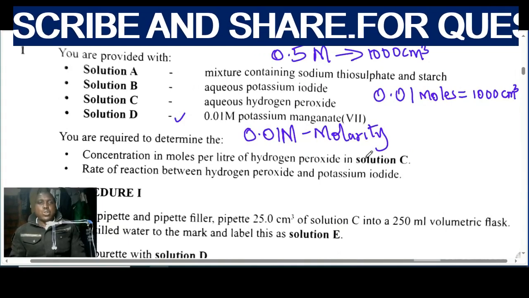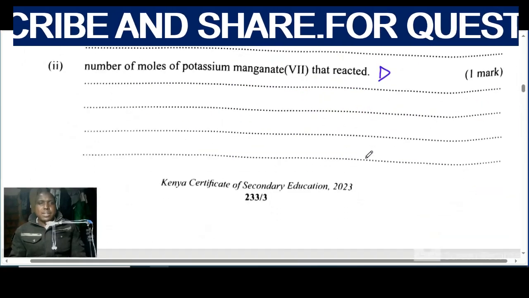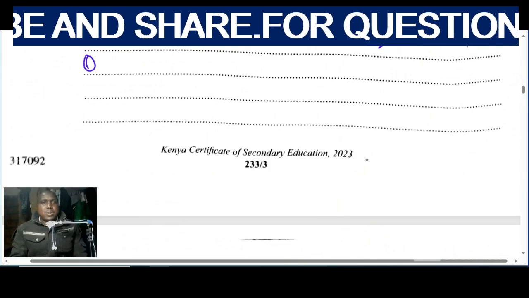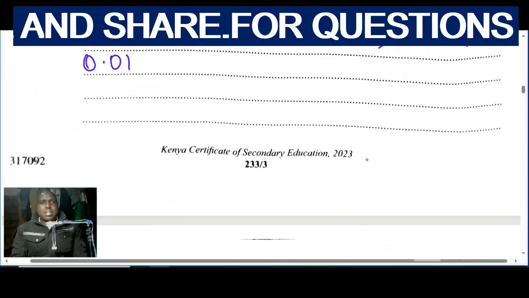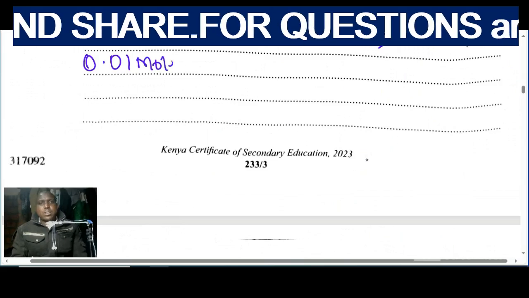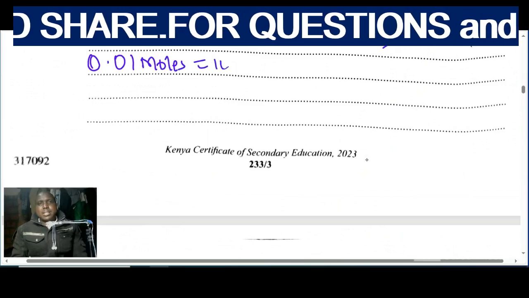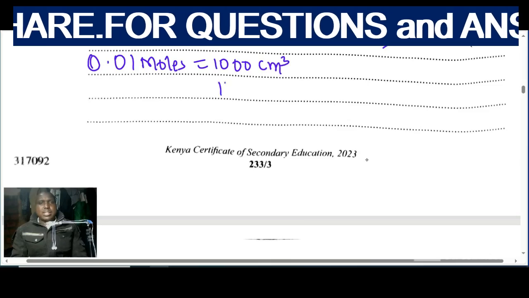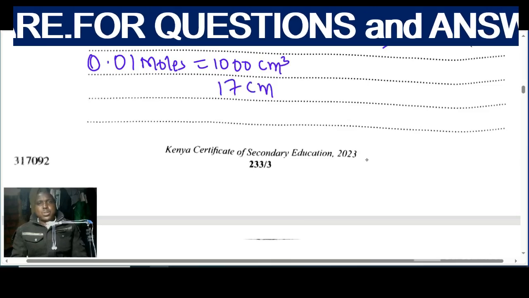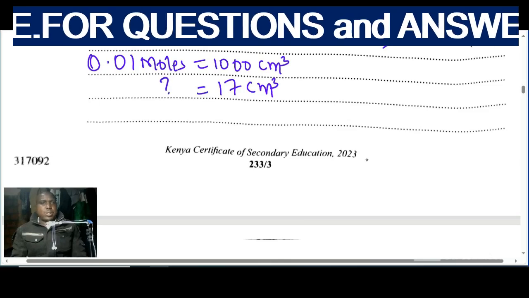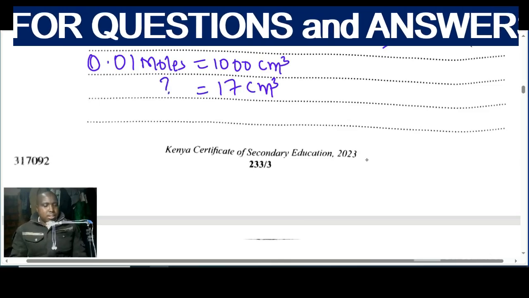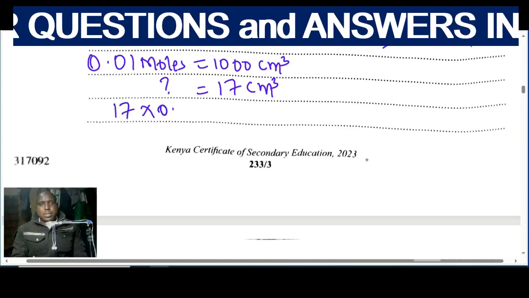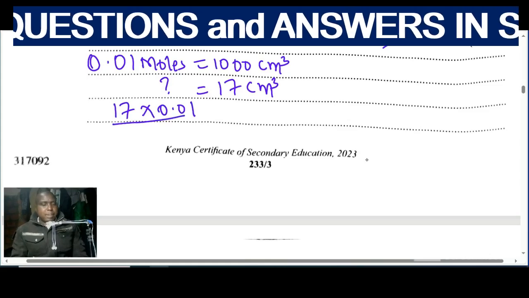You are provided with 0.01 mole of solution D. So you say 0.01 is the number of moles present in 1000 centimeters cube. So we will find out how many moles 17 centimeters cube will contain.